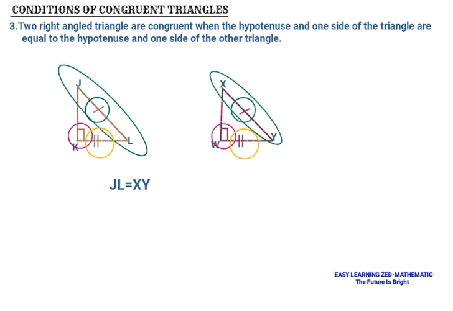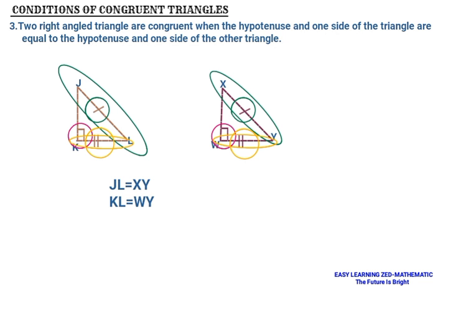So we can say KL, that line circled in yellow, and WY, we can say KL is equal to WY, so they are the same.